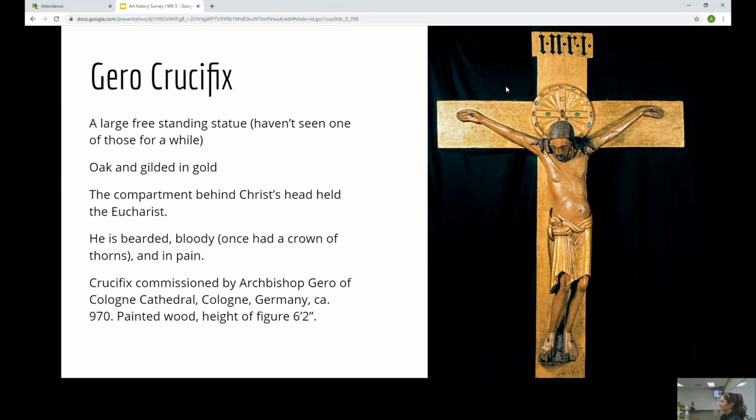But this is at the altar. He used to have a crown of thorns on his head. You can kind of see the blood streaming down from that. That has been lost. He is nailed to the cross. There's blood kind of coming out in certain areas. He does look kind of dead, lifeless at this point. Not your peaceful, happy version of Christ.